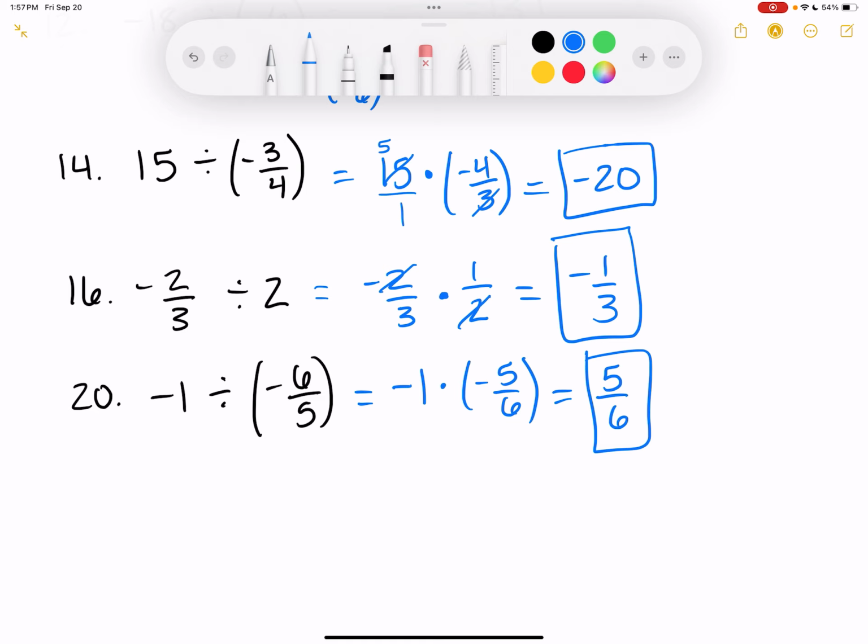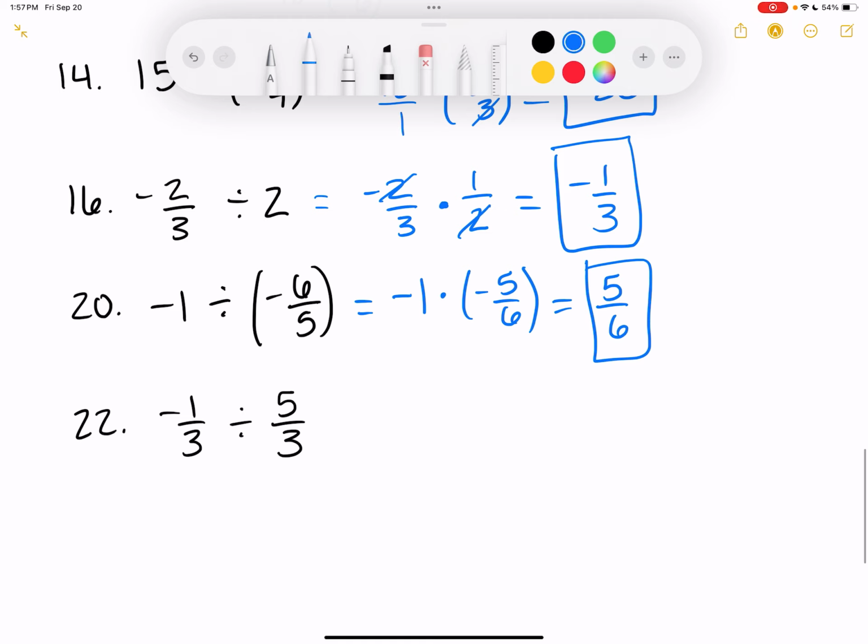Let's see, one more of these. 22. Negative 1 over 3 divided by 5 over 3. What do I have to do with this one? Flip the 5 over 3, so I'm going to end up with negative 1/3 times 3 over 5.